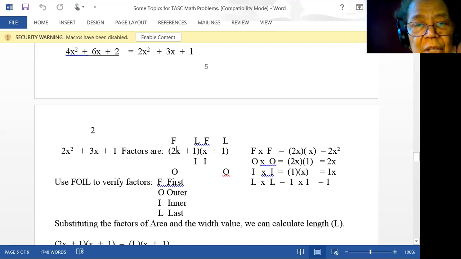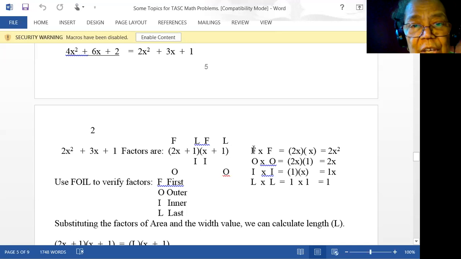First would be 2x and x, all right? The outer would be the 2x and the 1. And then L, the last, would be the 1 and the 1, okay? The inner would be these two, 1 and x.